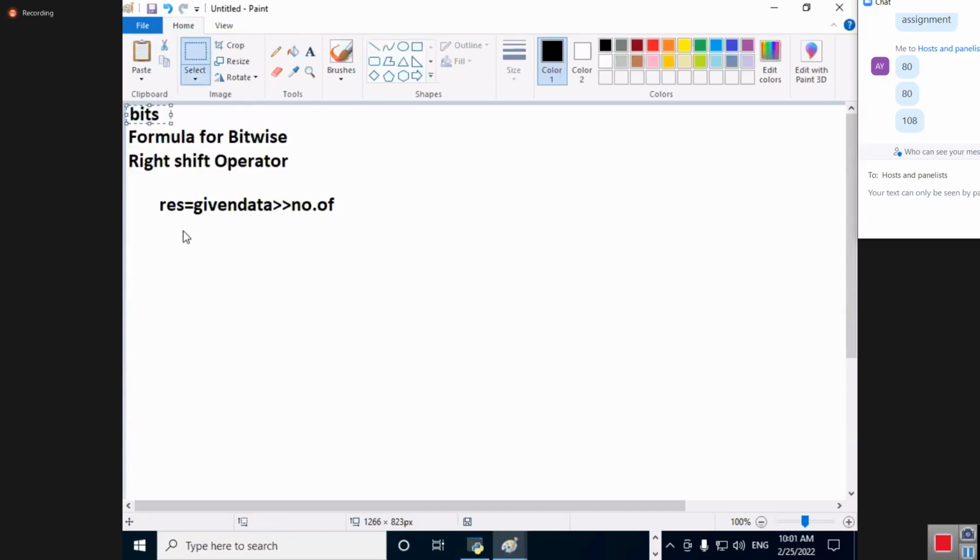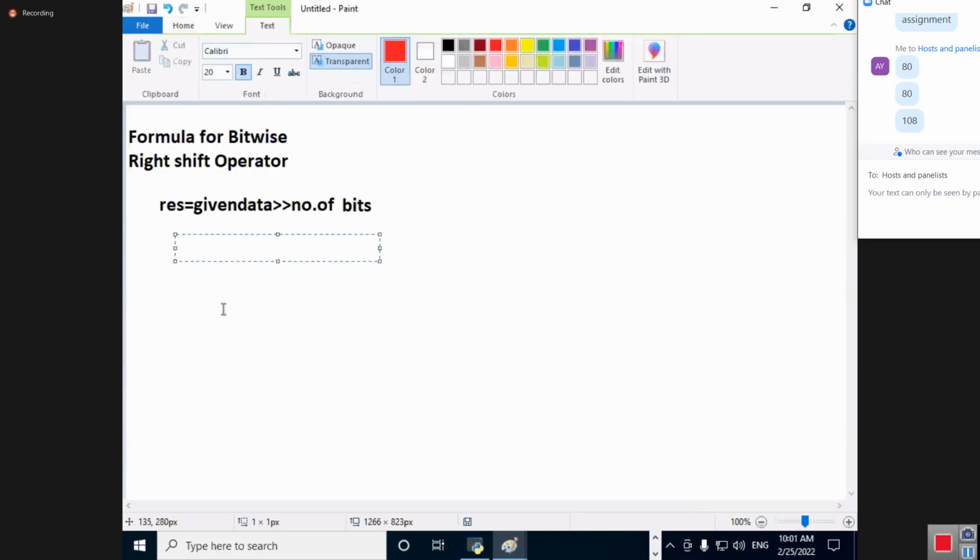Coming back to the point, some number of bits you are taking. Now what is the formula? I will give the arrow.